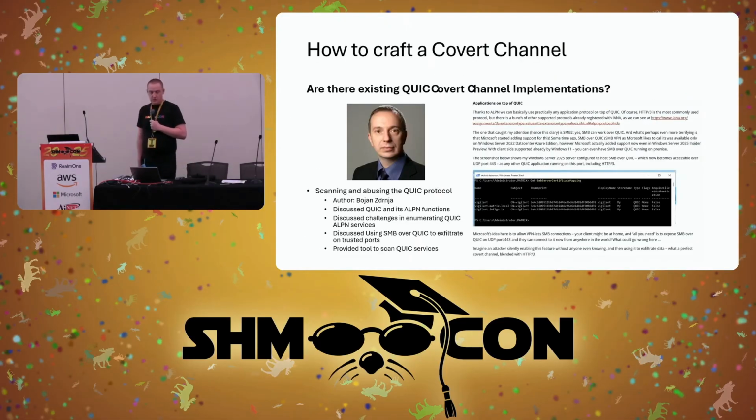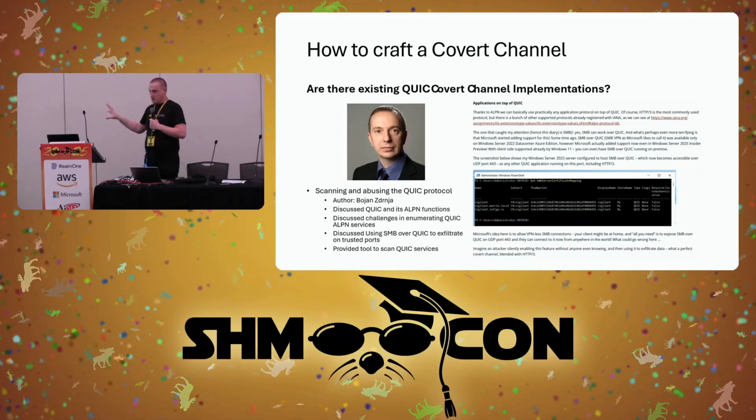So looking into who has done research on this before, specifically around covert channels, Borja did a lot of really good work on scanning for QUIC services and proposed that one could, say, take port 443 that's trusted on a network and spin up Samba over QUIC as a data exfiltration path.